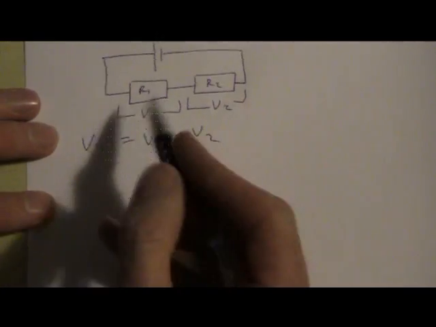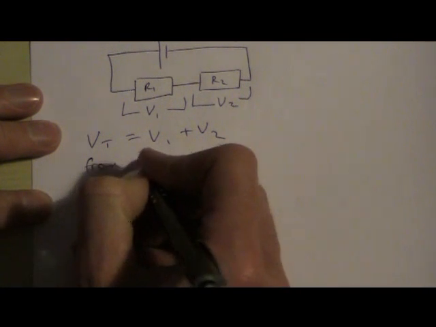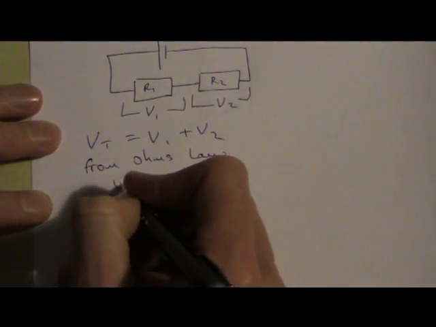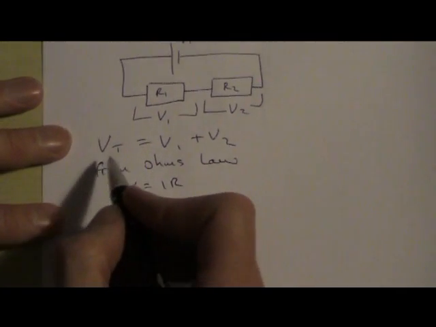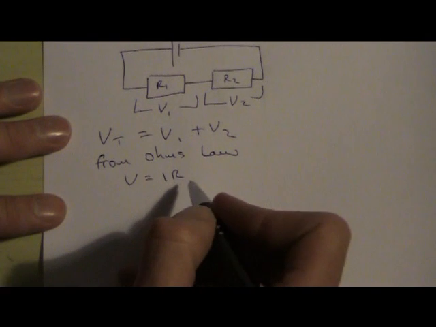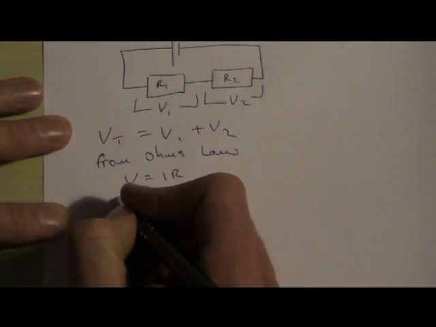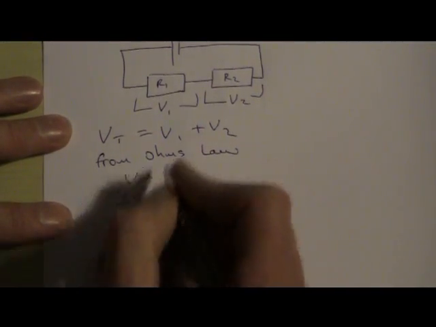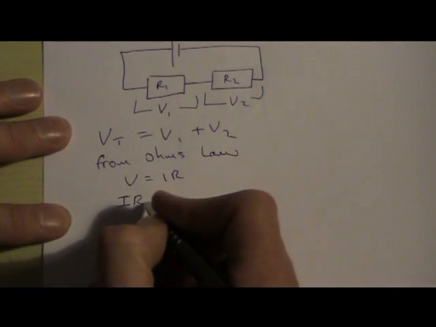Okay, now from Ohm's law, V equals IR. So therefore the V total is equal to IR. So instead of V total I can write I, which is the same all around the circuit, times R. Now the resistors aren't the same, so V total will be I times R total.